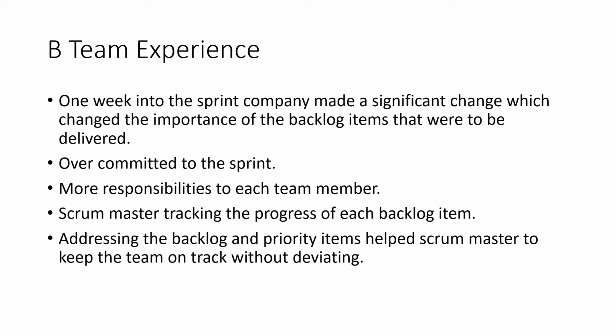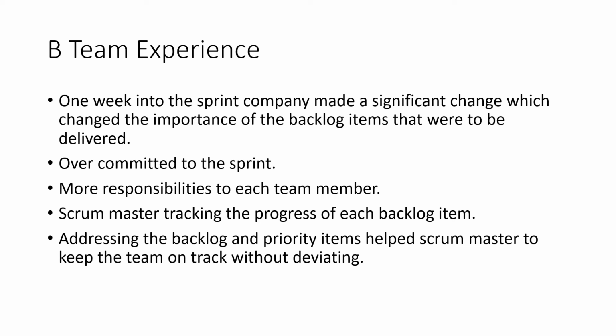There was quite a different situation for the B team, because within a week into the sprint, the company made a big change which brought importance to the backlog items that had to be delivered. So the B team had to break their sprint. They were in confusion between breaking that sprint or going back to the old ways.